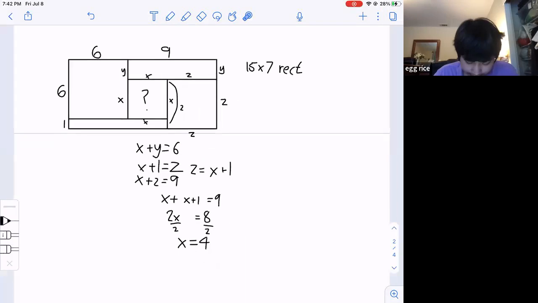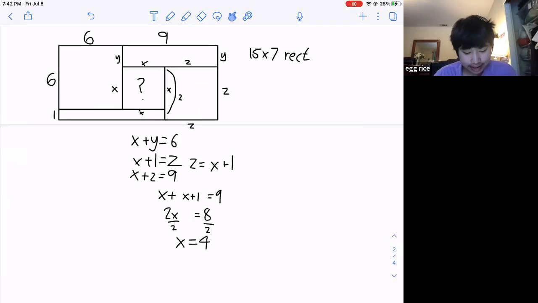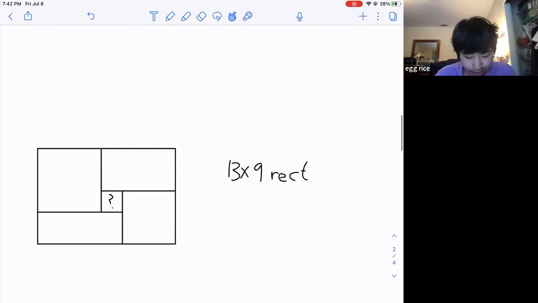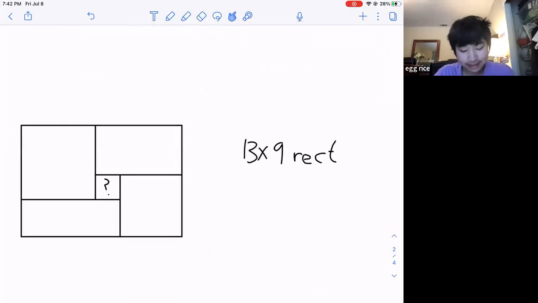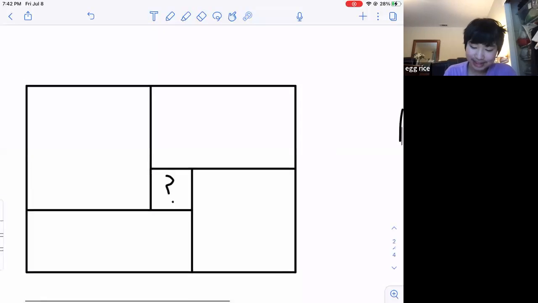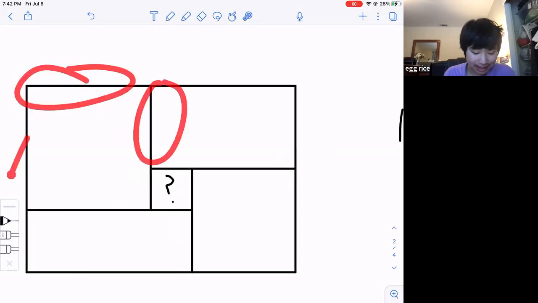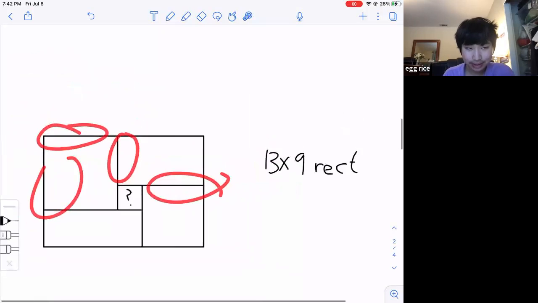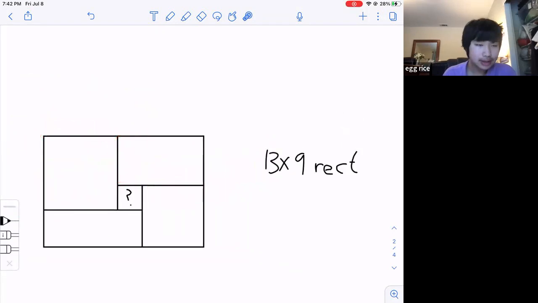So anyway, let's move on to basically the finale of this question, where the only information we give is this 13 by 9 rectangle, and you just need to find this. We don't give any information about any of the side lengths. We just give you the total length of the rectangle.